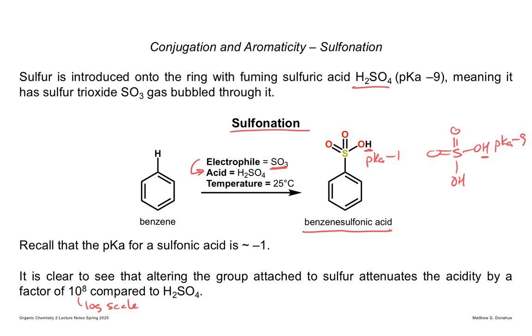So looking at the sulfur atom now, what's the mechanism going to look like? What is released as a byproduct? It'll be the same mechanism, but SO3 is your electrophile. And then the sulfuric acid will protonate it to give you the H in the sulfonic acid. And then would water come out as a byproduct? Yeah, you'll have water as a byproduct in there.